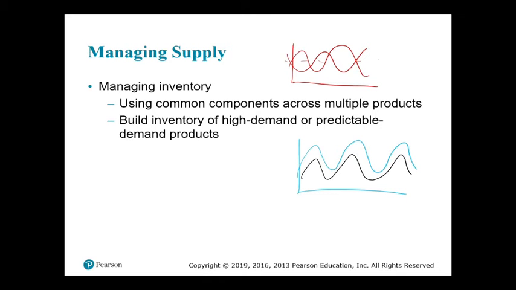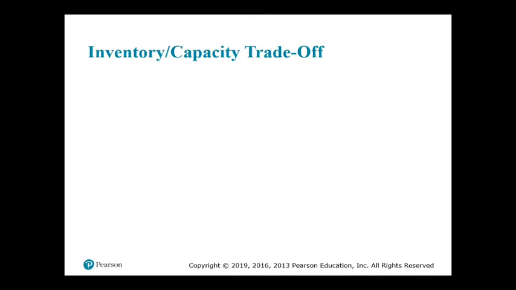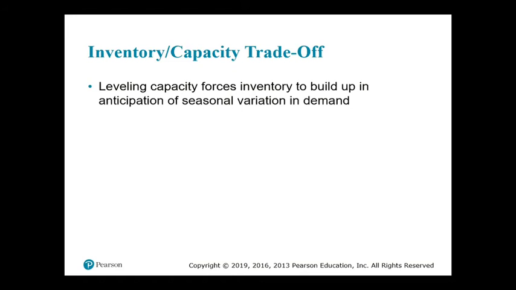For unpredictable demand products, we try to produce as close to the demand timing as possible. So inventory and capacity are two ends of managing supply, trading off the cost of capacity and the cost of inventory.